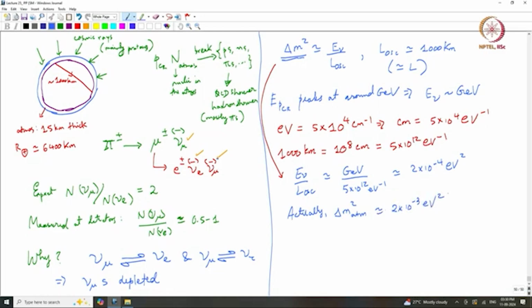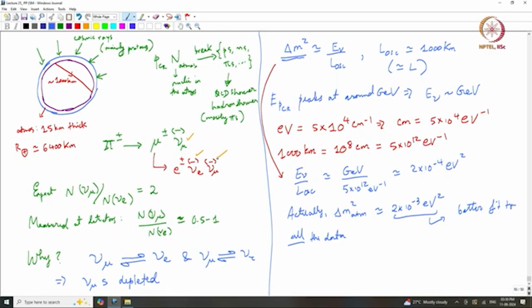But you know what, I am going to say this is good enough. Why? We are doing a very simple modeling here, and we are still within a factor of 10. The reason we are off is that this is a better fit to all the data. We are only taking one chord length here, and we are assuming there is no real spectrum for the cosmic rays. All the cosmic rays are at 1 GeV and so on.